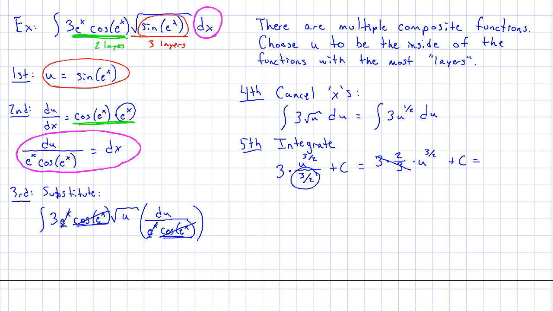I cancel them. So I end up with 2u to the 3/2 plus c. And then my 6th step is to replace u from step 1. So here I have 2 times u, which is sine of e to the x, raised to the 3/2 power plus c.